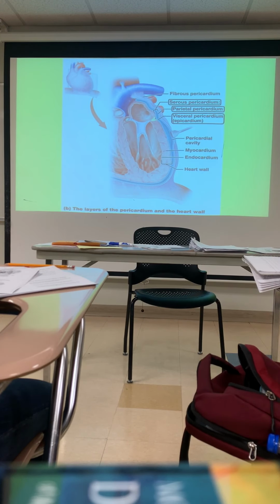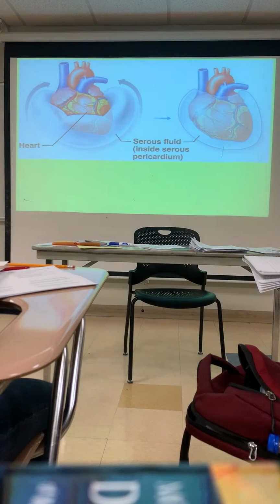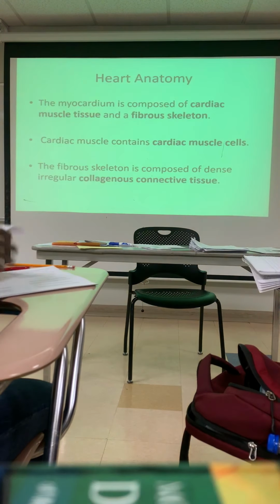It's almost the same words. Okay, so the parietal fuses to the fibrous, and the visceral fuses to the epicardium. If you put a fist here, like this, it looks like a bag, and you put the heart inside the bag. So that's the serous fluid, and you see that in the serous pericardium.